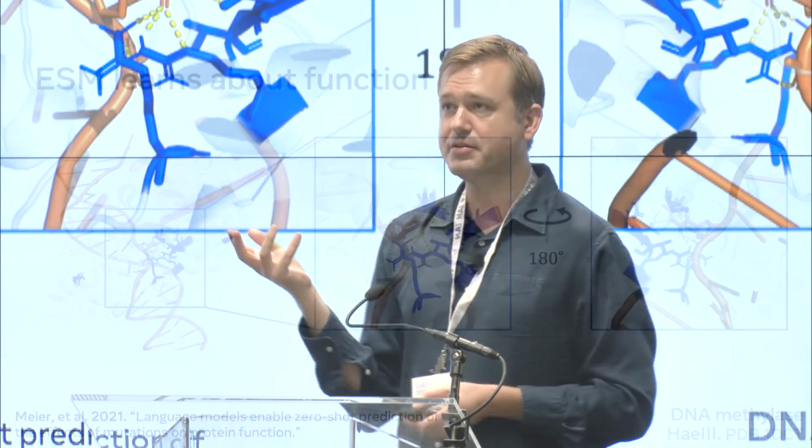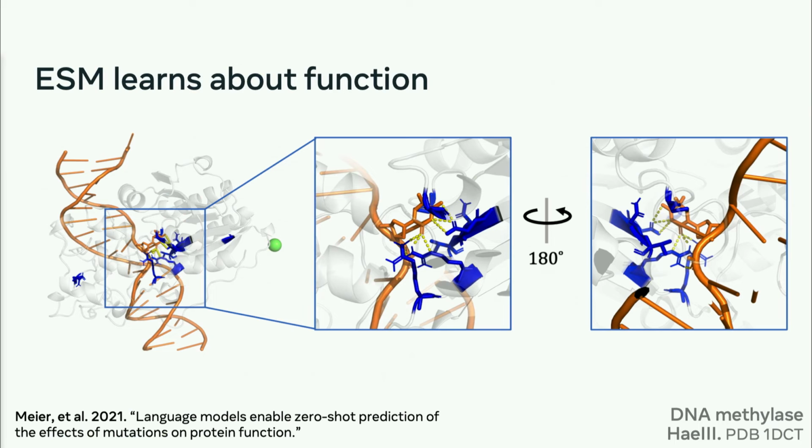The other thing, and perhaps this isn't surprising because we're learning a model of the dependencies across evolution, is that information about the function of proteins also develops. This is an example of a DNA methylase protein.